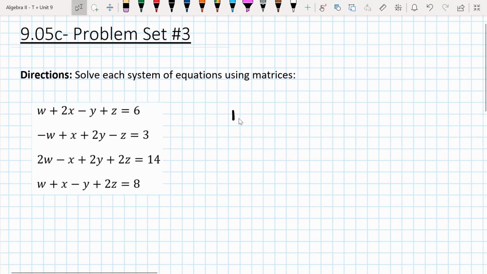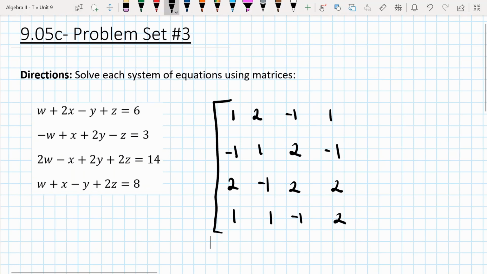So we have 1, 2, 1, 2, negative 1, 1, negative 1, 1, 2, negative 1, 2, negative 1, 2, 2, 1, 1, negative 1, 2. Okay.